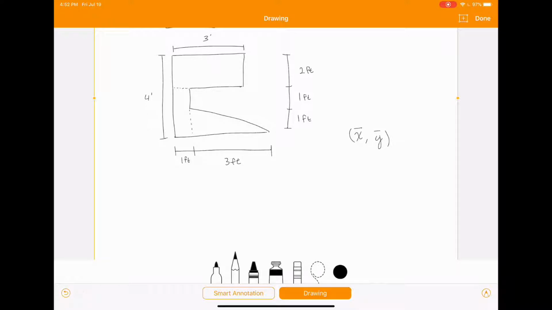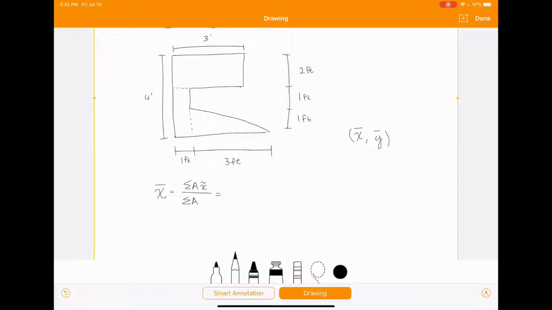The equation for X bar is going to equal the sum of the areas times their individual X bars, which we indicate as X tilde, the little squiggly line above the X, divided by the sum of the areas of each shape.